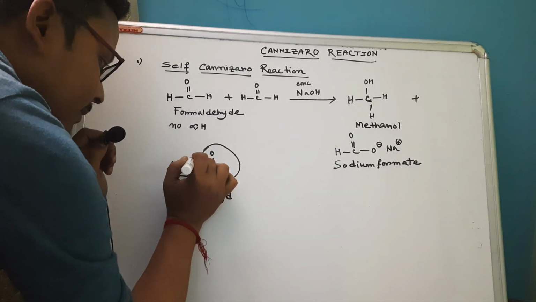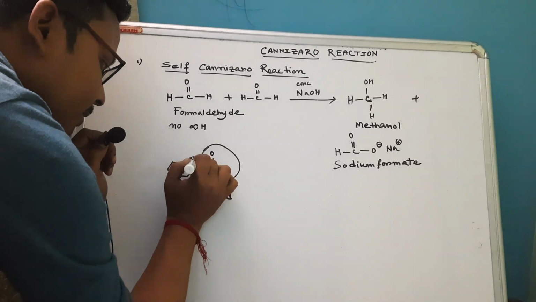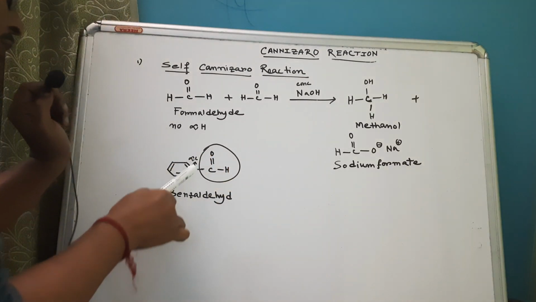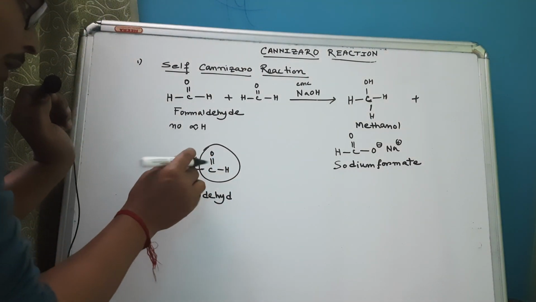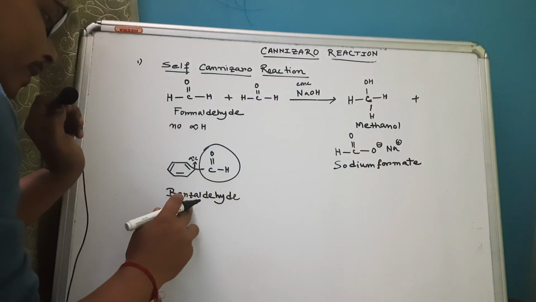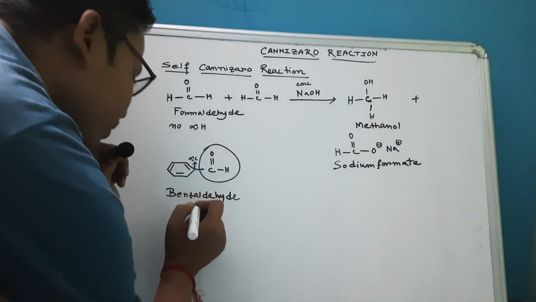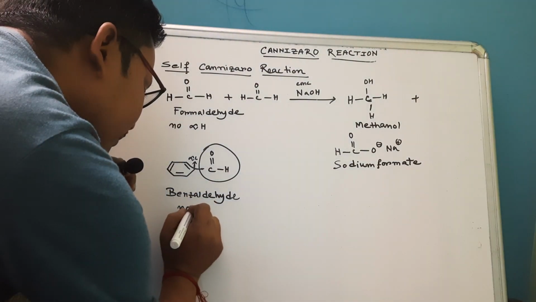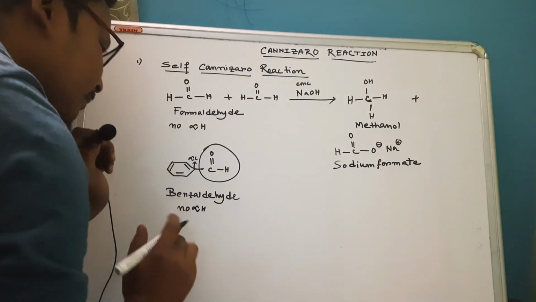So this is the alpha carbon atom. In this carbon atom, no hydrogen atom is attached. So the benzaldehyde molecule does not have any alpha hydrogen atom.